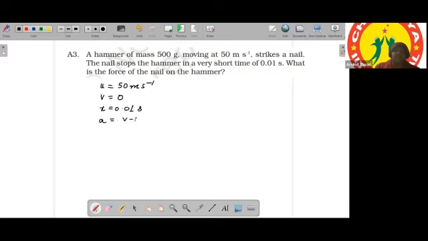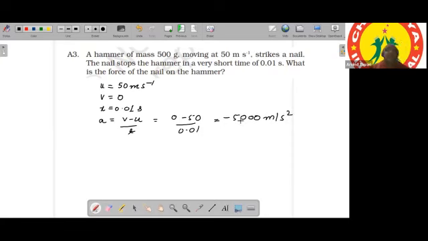As acceleration is (v minus u) over t, v is 0, minus u is 50, divided by 0.01. So it would be minus 50, and if you remove the decimal, you get two more zeros in the numerator. So minus 5000 meter per second square.